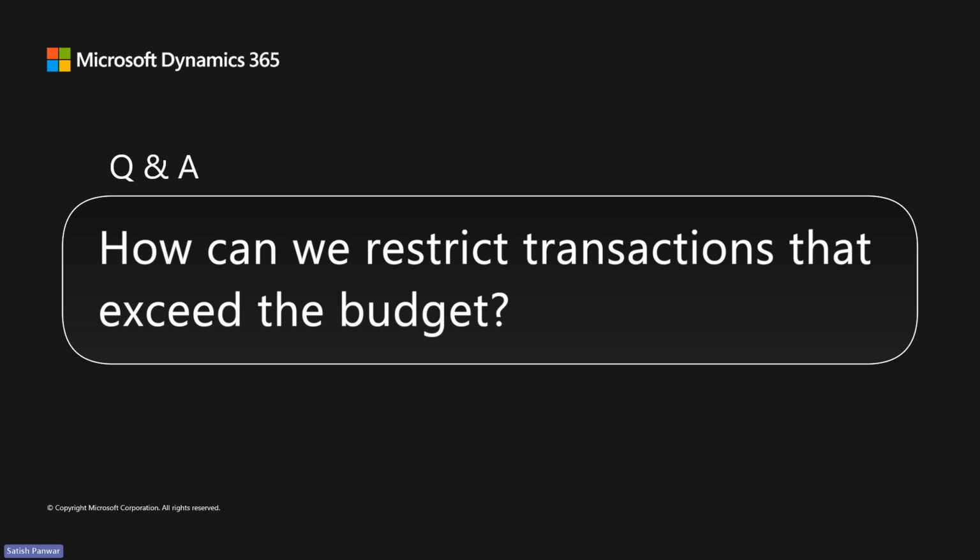We'll let them flow in, let them accumulate as a variance, and the project manager can take remedial actions like getting the budget revised, getting additional funding, or taking any corrective actions. So during implementation, one can easily add a few more notifications or emails or whatever details you want, as agreed with your customer.